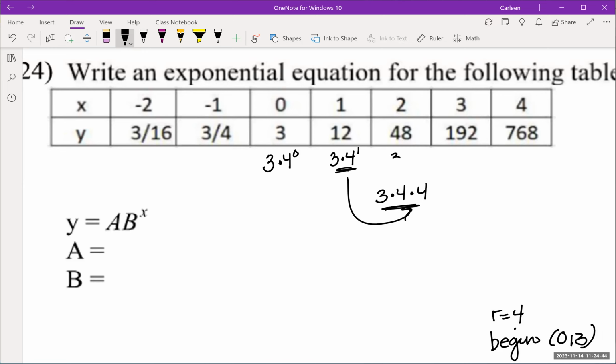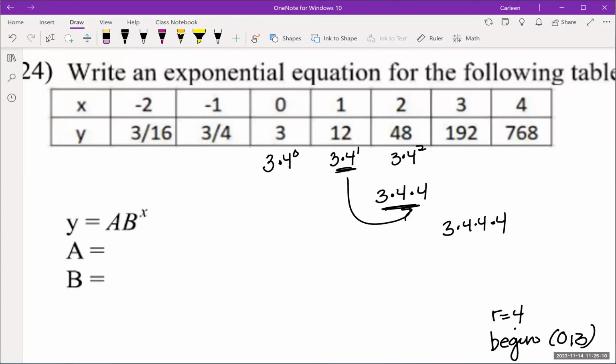So this is 3 times 4 squared. So this is 3 times 4 times 4. I need to multiply by another 4. See where I got that?